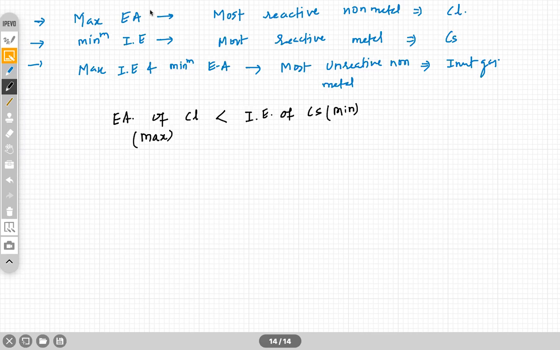So the elements which have low ionization energy can easily lose electron, and hence it is metallic in nature, right? So we can easily compare the metallic behavior with the help of electron ionization enthalpy, right?